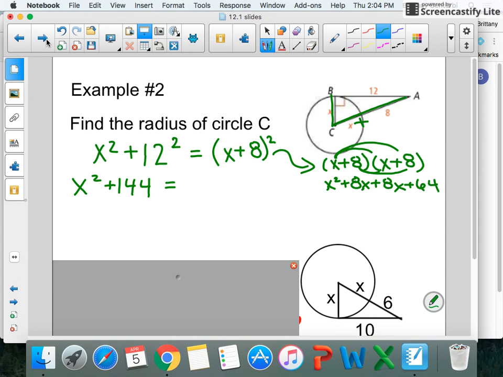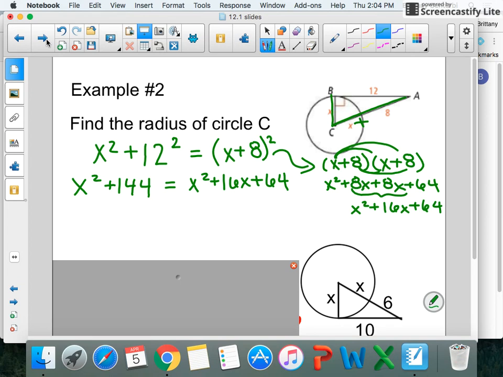So when we combine like terms here in the middle, we get X squared plus 16x plus 64. If you want to do the shortcut, you can do 8 times X gives you 8x, double it, gives you the 16x, and then 8 times 8 is 64. If you can remember that shortcut, you can do it that way as well.